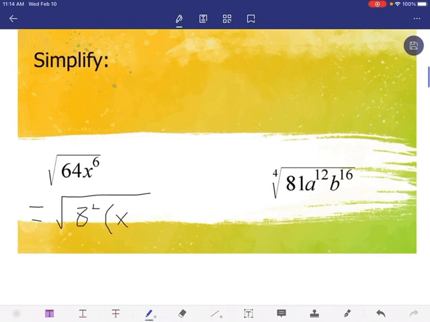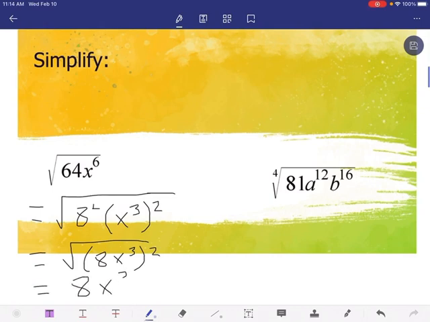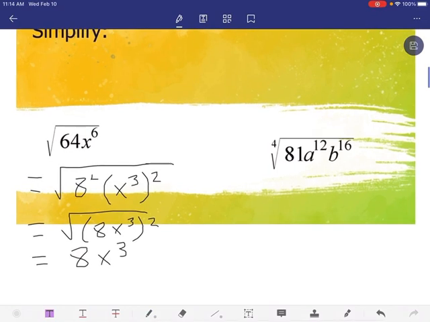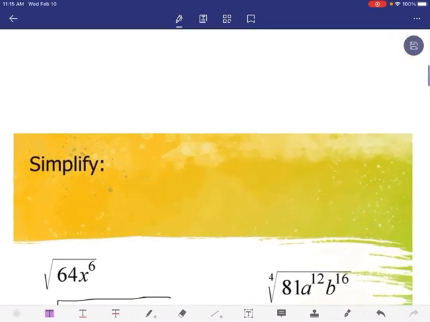And then x to the 6th, again, we're looking for two things that multiply together to give us 6. So that would be 2 and 3. We want the 2 to be on the outside. Again, now that they both have the same exponent, we can rewrite as all to a power of 2. And we're left with 8x to the third. Now, technically, that's the right answer as far as I have an 8 and I have an x to the third.